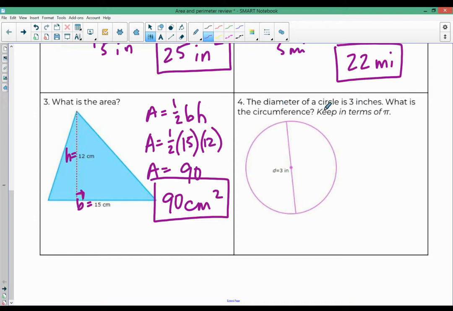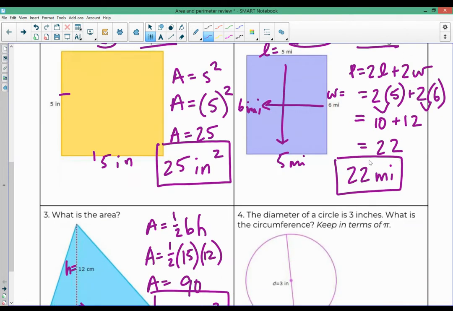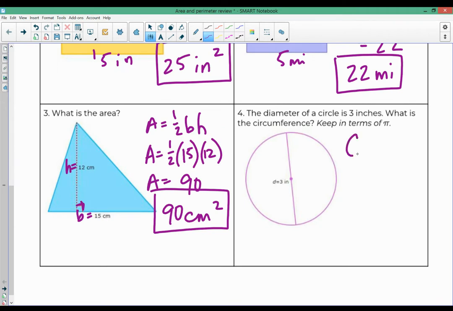Okay. The diameter of a circle is 3 inches, as we see here, that whole diameter going through the center. What is the circumference? Keep in terms of pi. So the circumference is 2 pi r, or pi times the diameter. So since we know the diameter, we'll write it in terms of that.